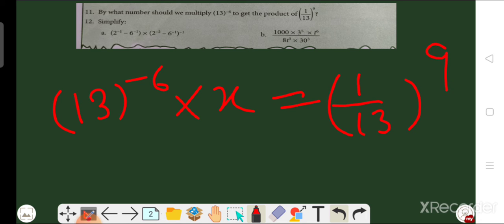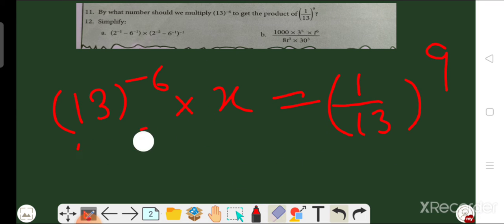So let us assume that the required number is x, the number which we have to multiply to 13 raised to the power minus 6 in a way that their product is 1 by 13 raised to the power 9.